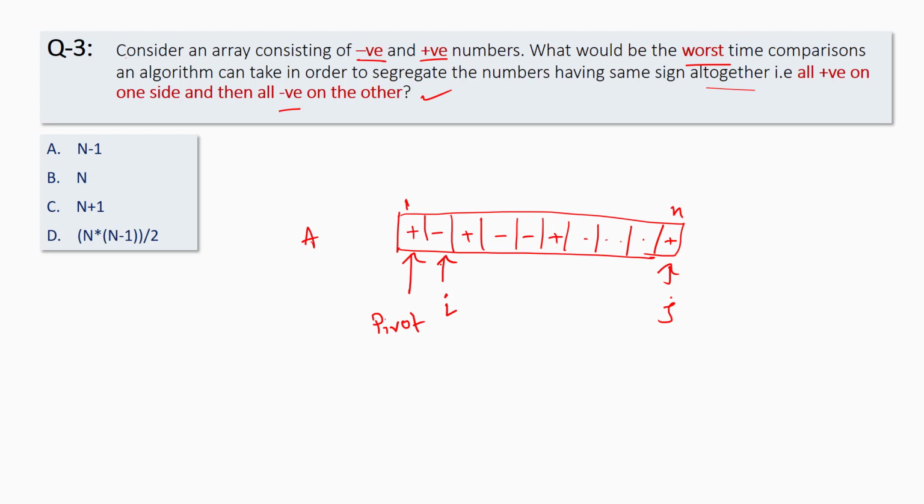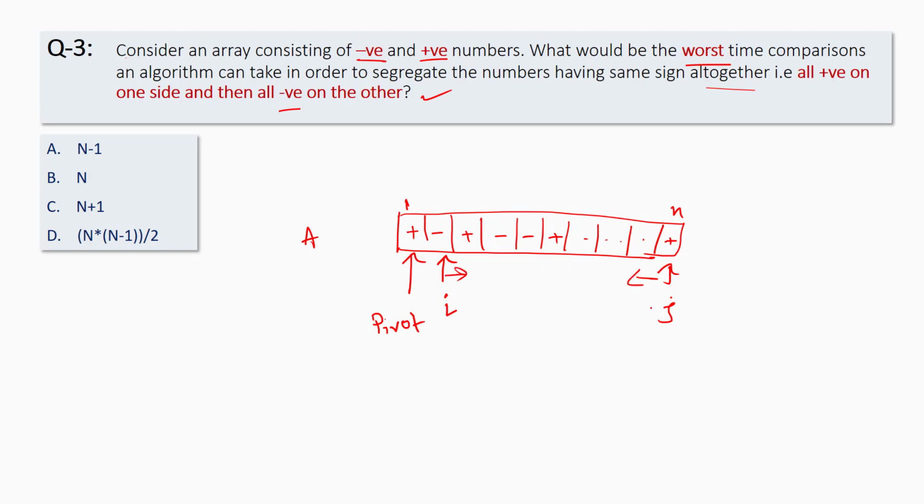At each step i will compare the element with the pivot element, and if the element is the same as the pivot element it will increment, otherwise it will stop. At each step j will compare with the pivot element, and if it is the same as the pivot element it will stop, otherwise it will decrement by 1.